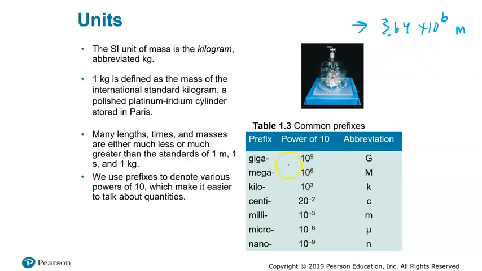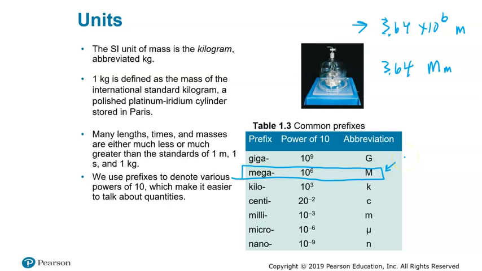But you can write that even more condensed by using one of these prefixes. Right here, mega is the prefix for 10 to the 6th. And so for this number here, it's equivalent to write it 3.64 megameters, where I'm using this M here to write that.